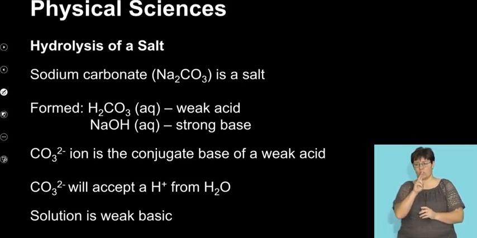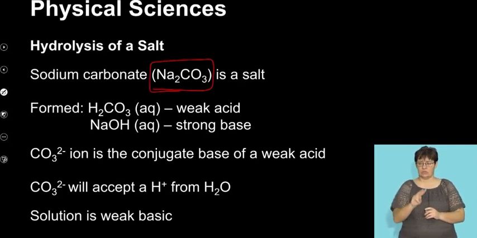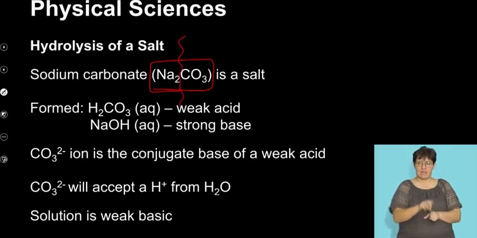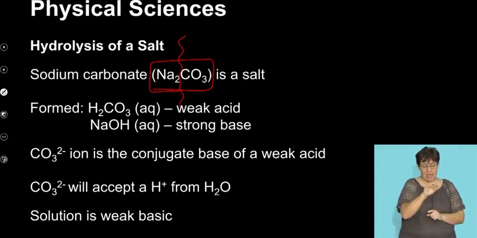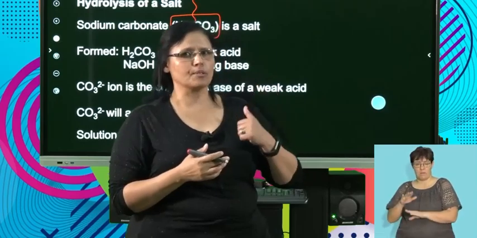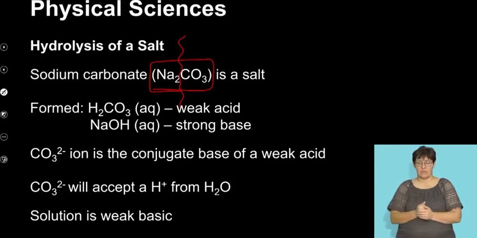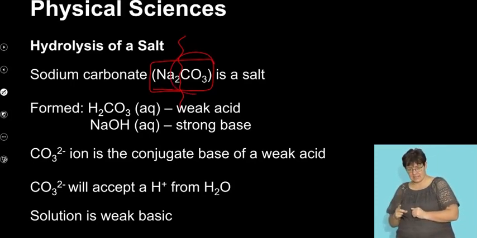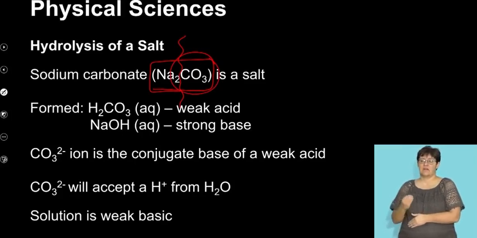When we look at sodium carbonate, firstly, I always say if that is the child, who's the mom and the dad here? Again, I said a little earlier that the anion or the negative ion of my salt comes from the acid, and the positive ion or the cation comes from the base. So we can see that the base here must have sodium in, and the acid here must have carbonate in.